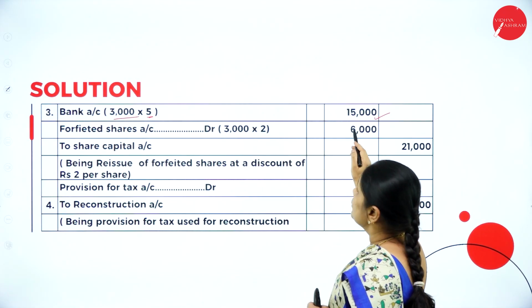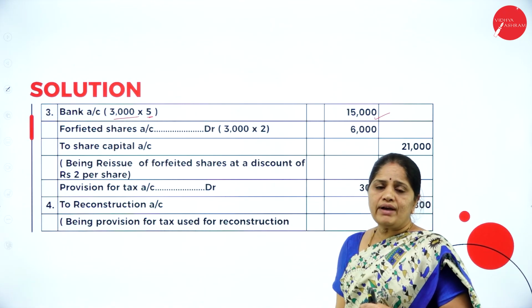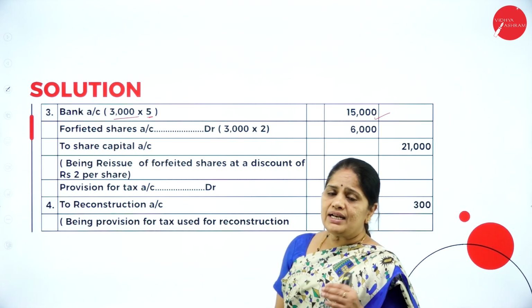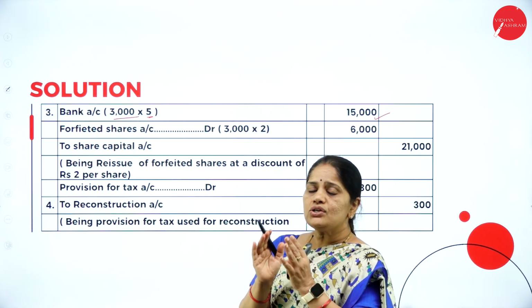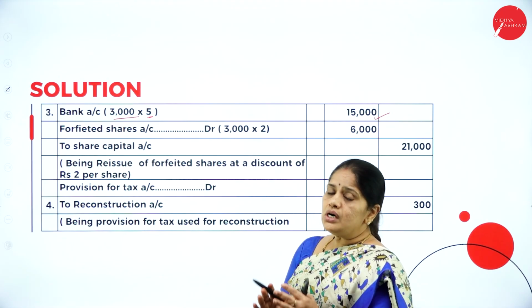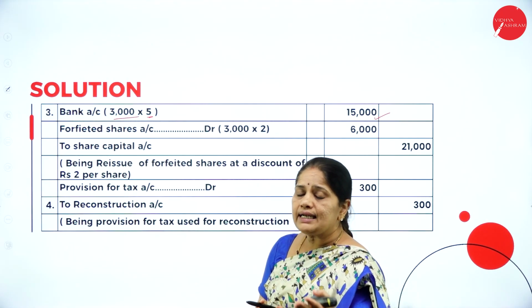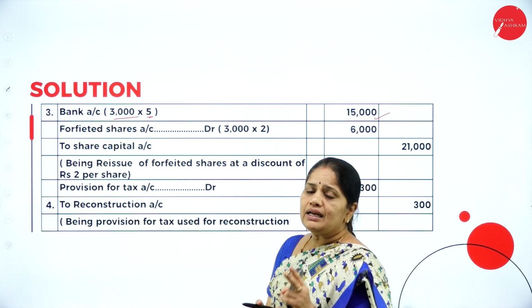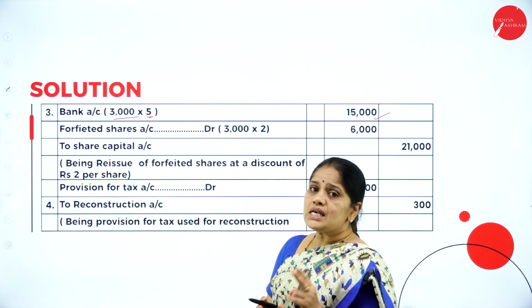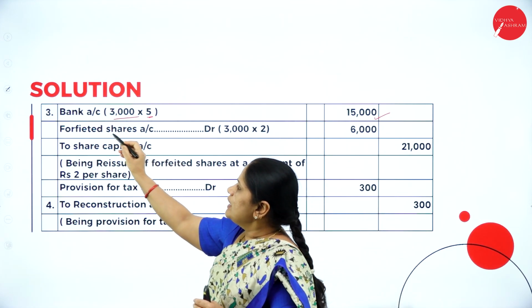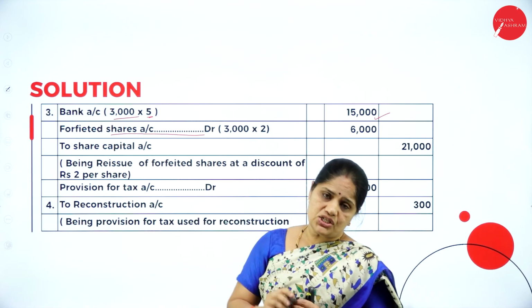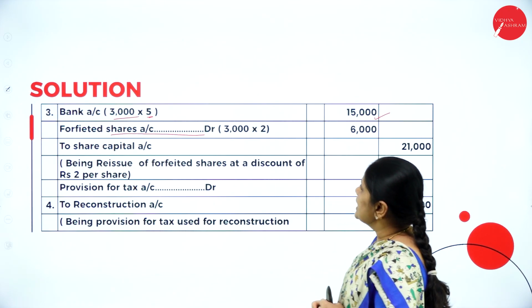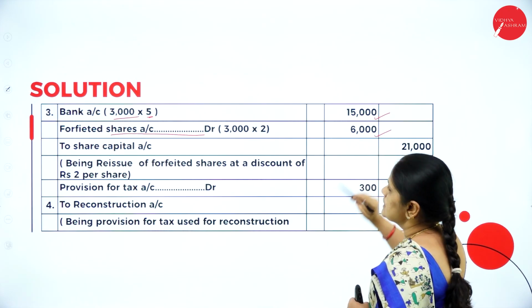Now what is the actual value of the share? The paid up value of the company has been reduced to rupees 7. The company has already collected 5 rupees from the shareholder. Now what is the amount pending? Amount pending is 2 rupees. So that 2 rupees we will be debiting from the forfeited shares account. So forfeited shares account debit 6,000.